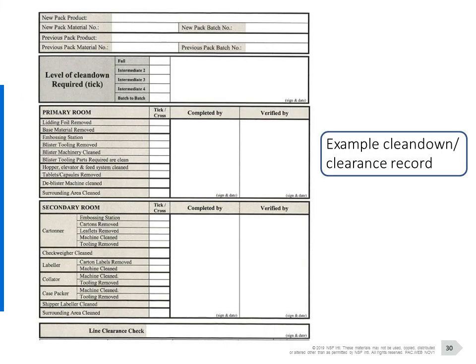This is just an example of a cleandown or line clearance record. So it's important that there is a record of every station, every point that's been checked, but you can actually sign off a group of activities when they're done by the same person at the same time.